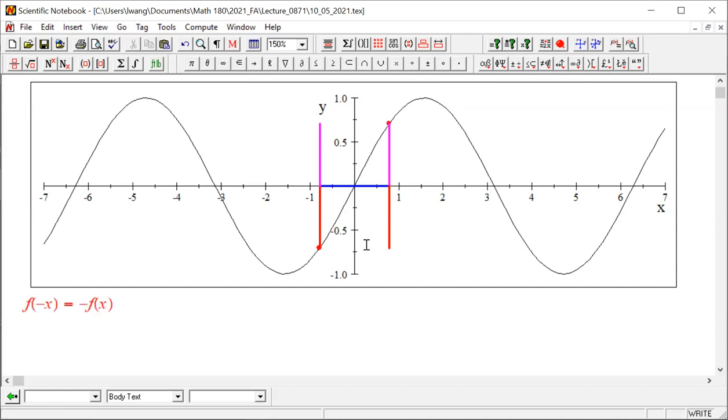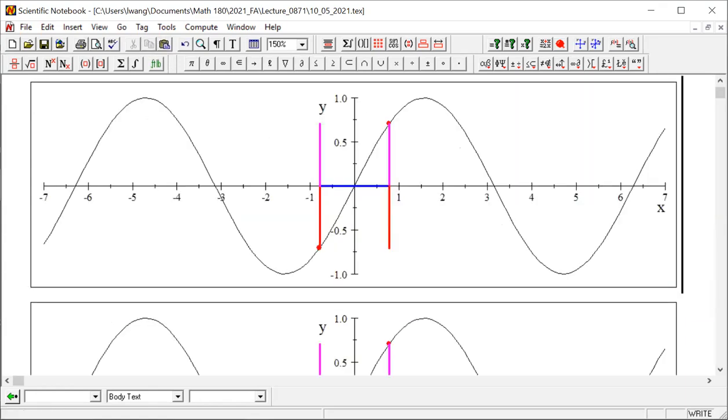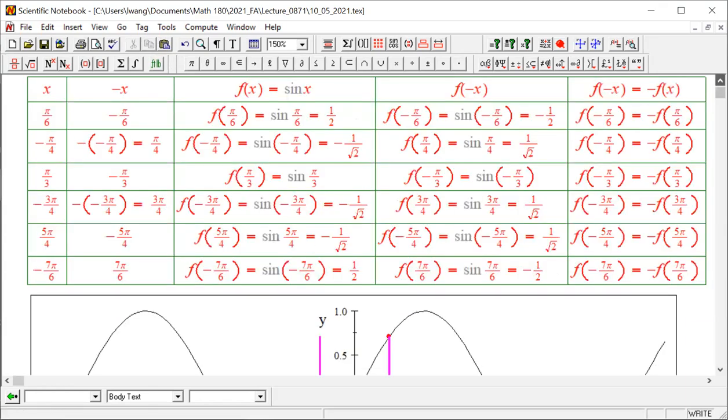How do we understand this picture? Knowing sine is an odd function, we're illustrating this from the perspective of sine function. So I'm going to break this picture down.